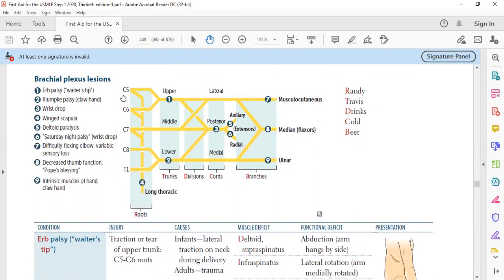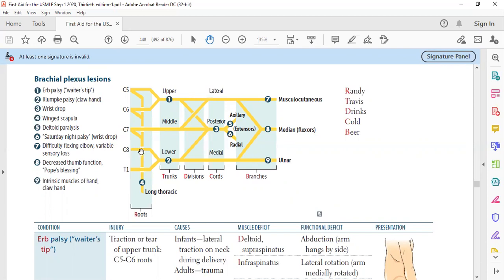Then C5, C6, and C7 combine to form the posterior cord, which forms the axillary and radial nerves, I think.